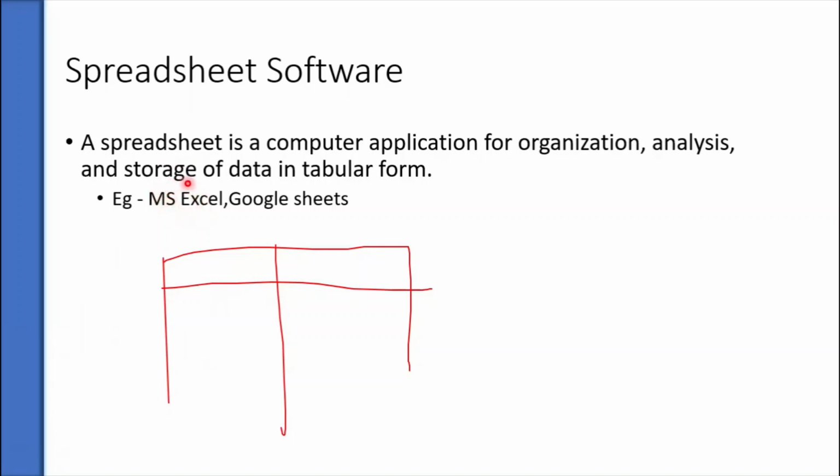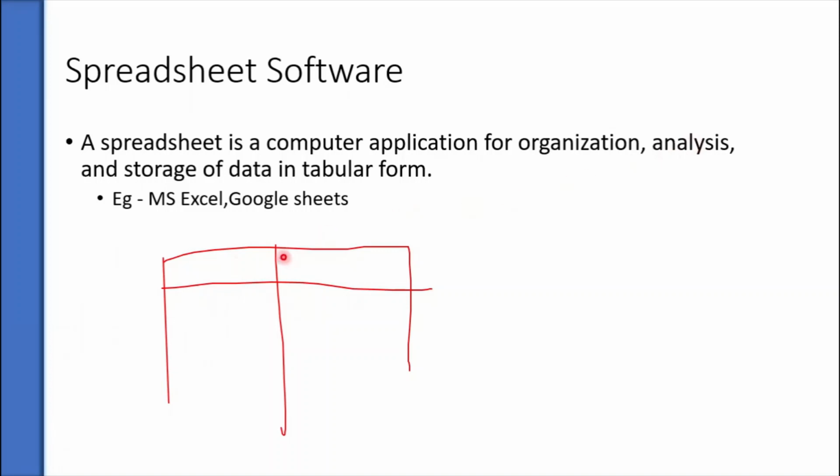I'll give an example: Microsoft Excel, Google Sheets, whatever. In Excel, we can store some sort of data and we can organize the data. We can make it ascending order, we can make it descending order or whatever.